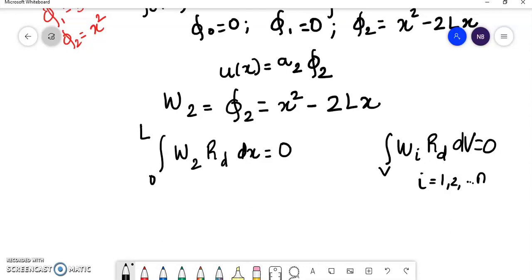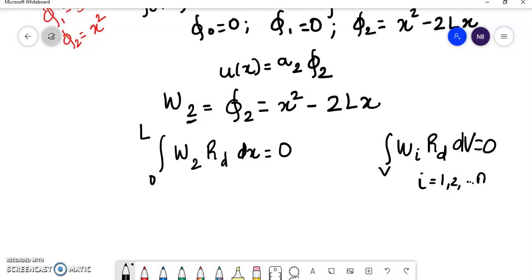And i here is 2 because we are talking about the weight function 2.